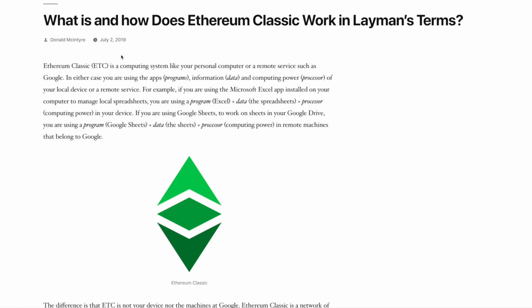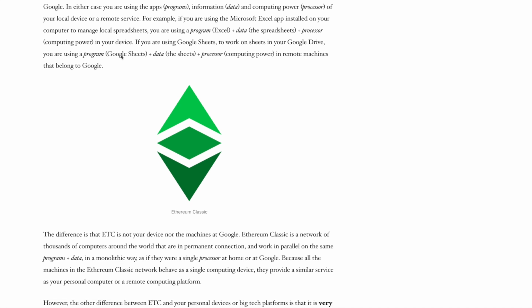For example, if you're using the Excel app installed on your computer to manage local spreadsheets, you are using a program plus data plus the processing power in your device. If you're using Google Sheets to work on sheets in your Google Drive, you are using a program plus data plus the processor in remote machines that belong to Google.